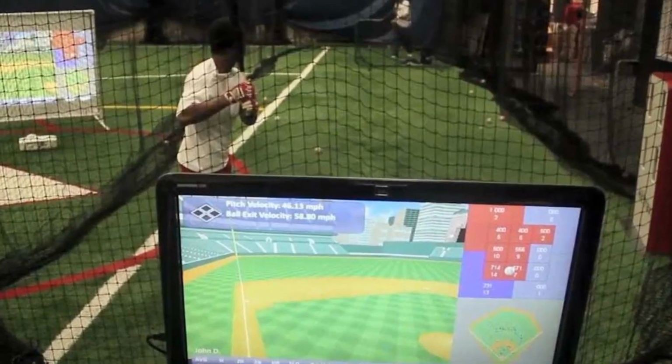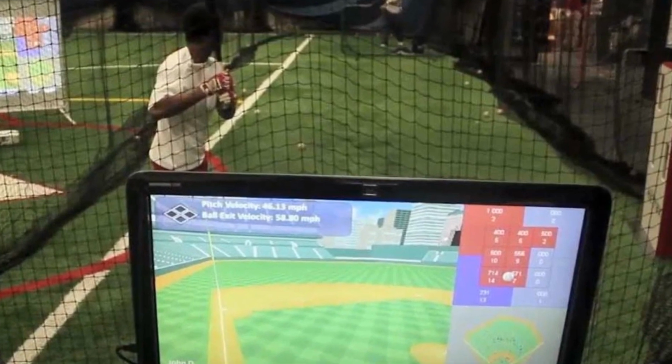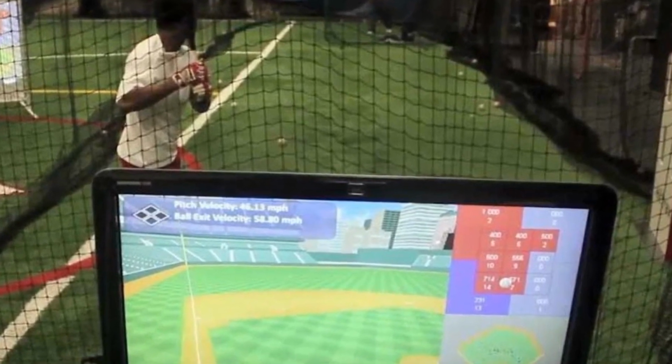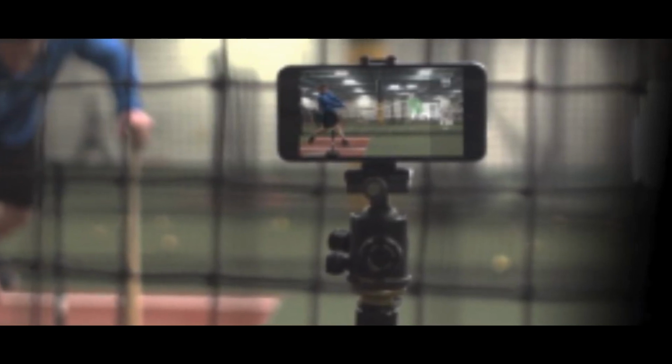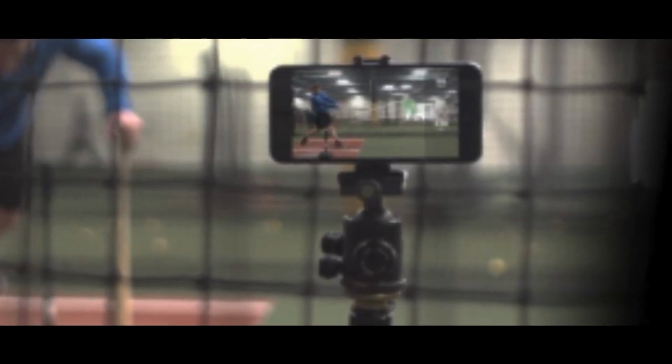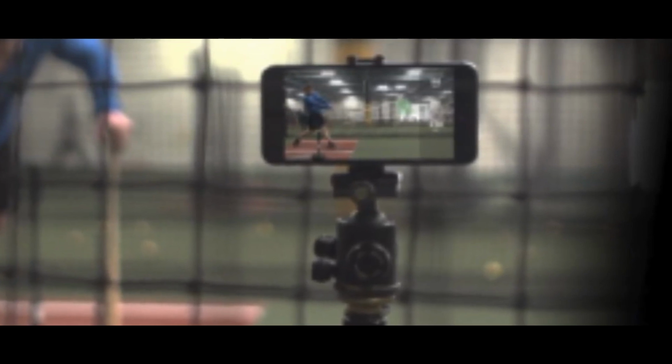Does this form of training have shortcomings? Absolutely. And here's why. When data-driven performance tests are administered, I can see that 95% of the time they're administered in a controlled testing setting, meaning the batter knows the stimuli, whether it comes from a consistent machine, underhand flips, side tosses, or a batting tee.